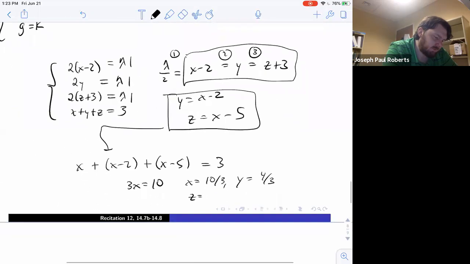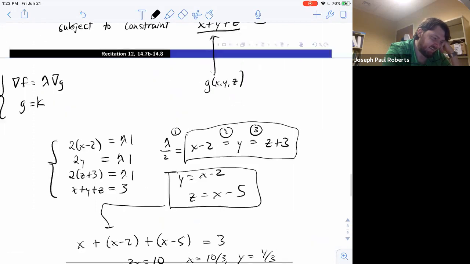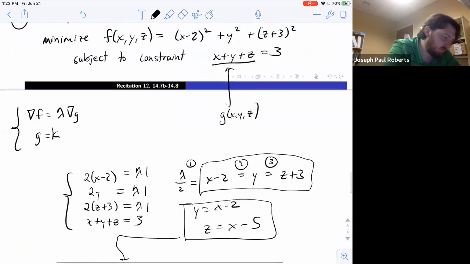I think I'm getting a different z value than I was before. So z is x minus 5, so 4/3 minus 15/3 is negative 11/3. Huh. Okay, give me a second. Where did I screw up? No one's here to help me. Okay, I'm gonna pause this while I look.